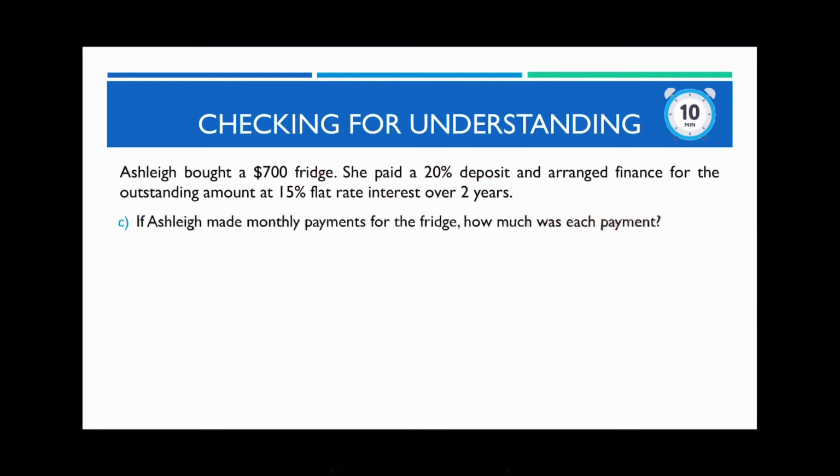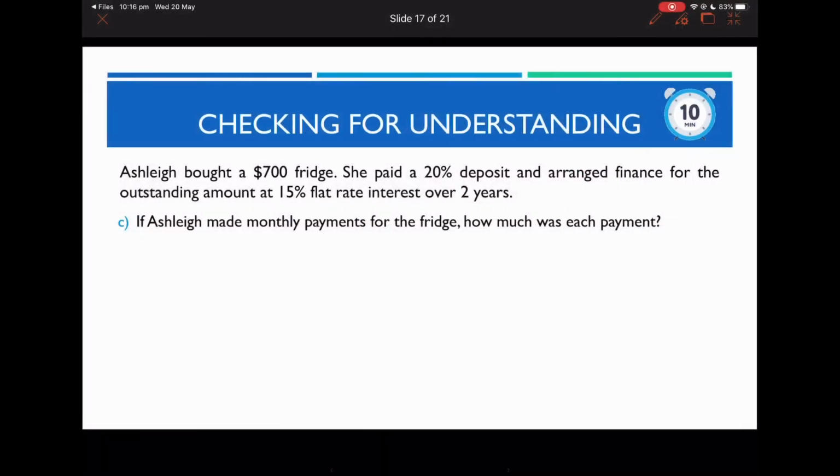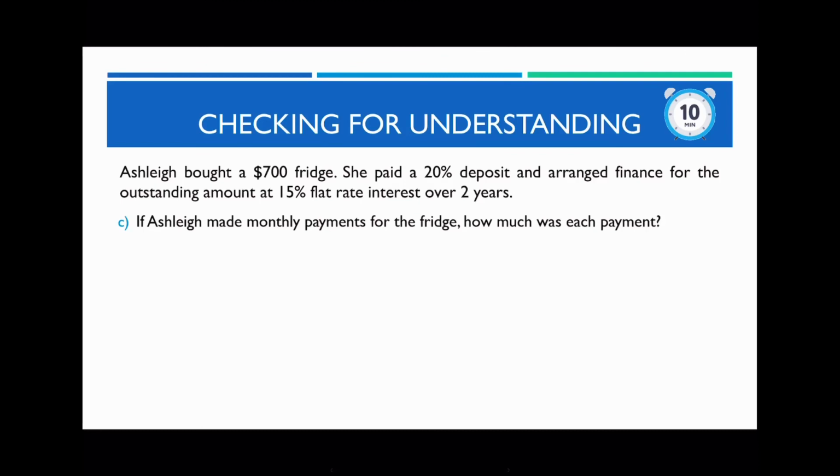Now for part C, it's asking if Ashley made monthly repayments for the fridge, how much did she pay each month, or how much was each payment? In order for us to calculate the monthly payments, we need to calculate what the total repayments are first. What we solved for part B earlier was the total cost, not the total repayments.